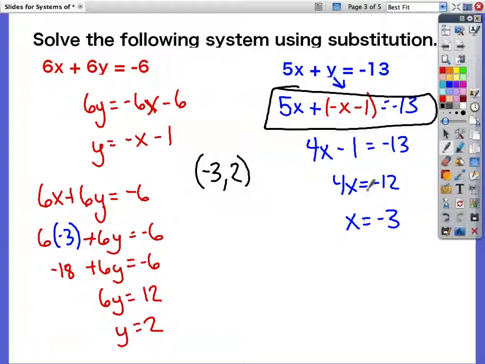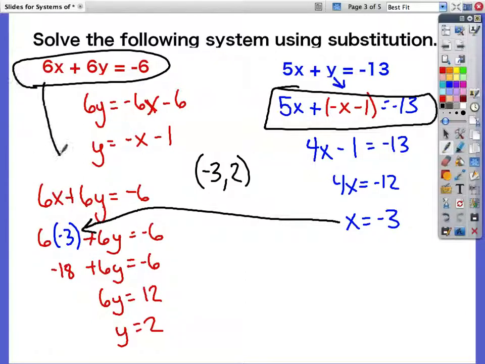Once I have the value of x, I can then insert it into my other original equation, right up here, which I copied down right here, and solve for the other variable of y. Then I kind of have a solution set here. Okay, negative 3, 2. That's what it's telling me the solution is.